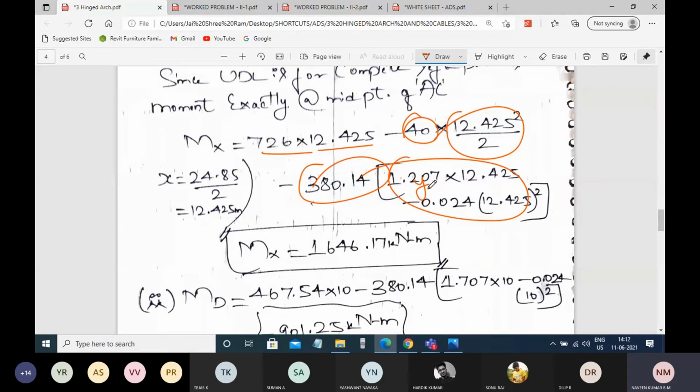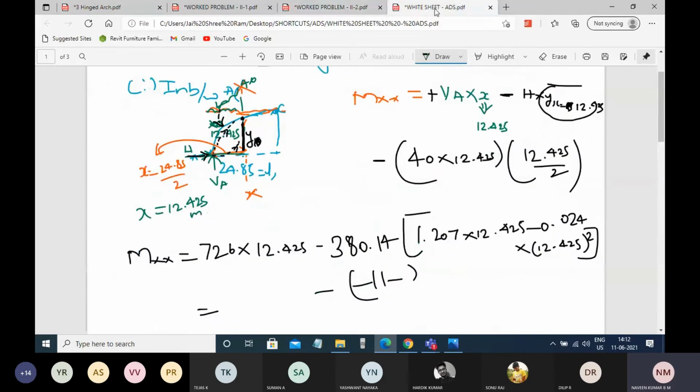As the perpendicular distance for this particular load, you will get around this much. So that is 1646. The moment Mxx equals 1646.17 kilonewton meter.